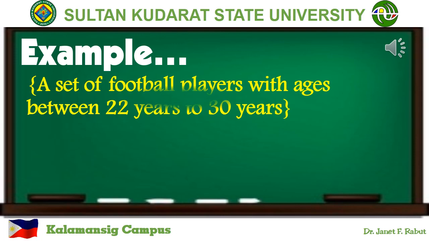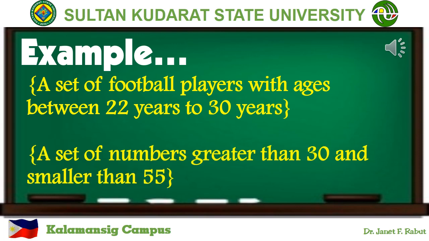A set of football players with ages between 22 years to 30 years. So that is in statement form. It explains that this is a set of football players with ages between 22 years to 30 years. And notice that it is enclosed with 2 curly braces. And another example, a set of numbers greater than 30 and smaller than 55.